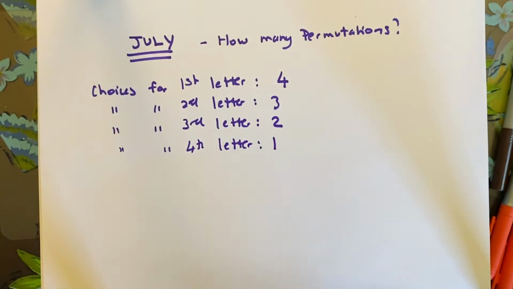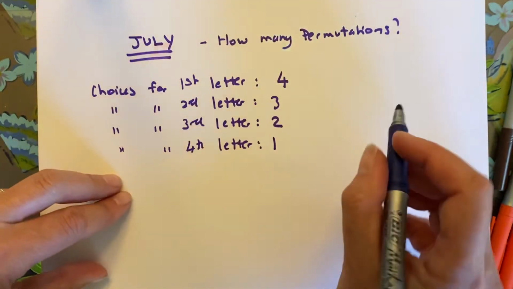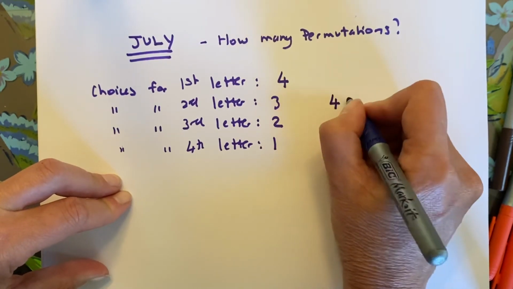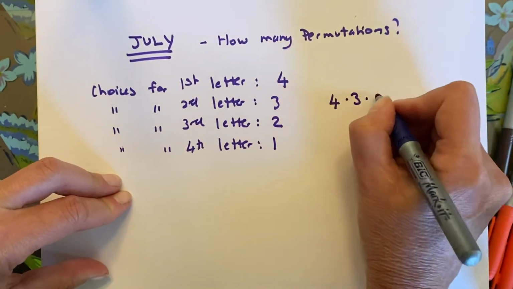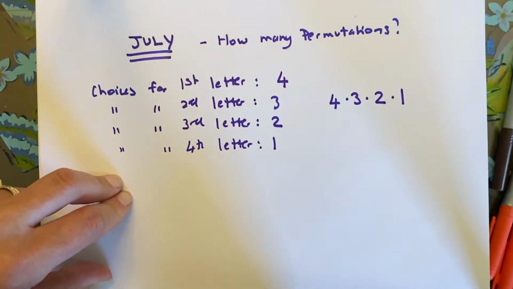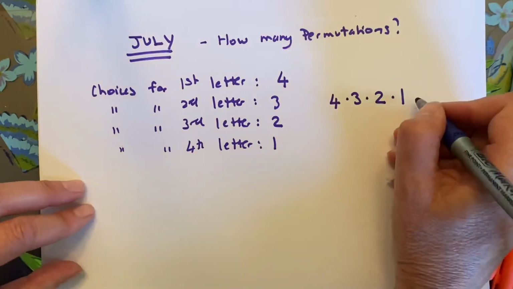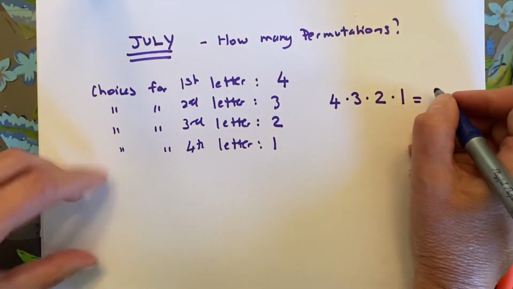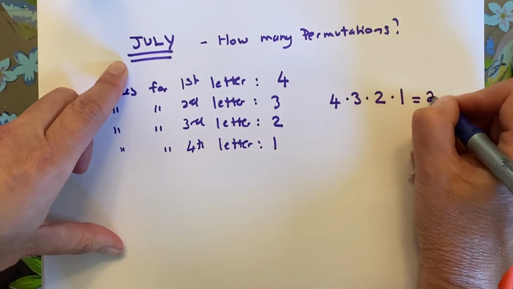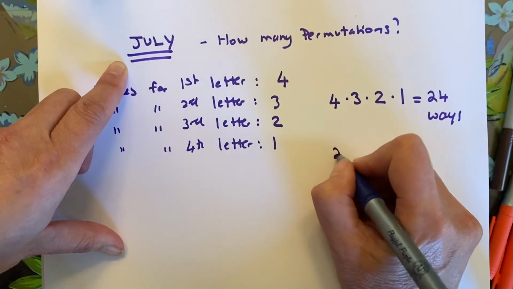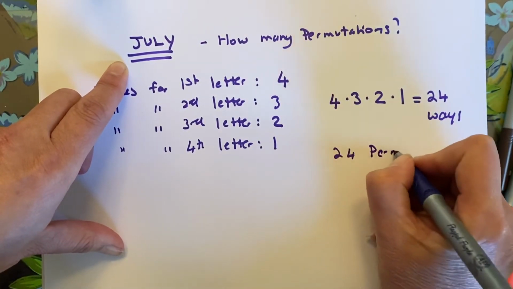So when I have 4 letters, my permutations are going to be 4 times 3 times 2 times 1. And that tells me that I can arrange the letters in the word July 24 ways, or 24 permutations.